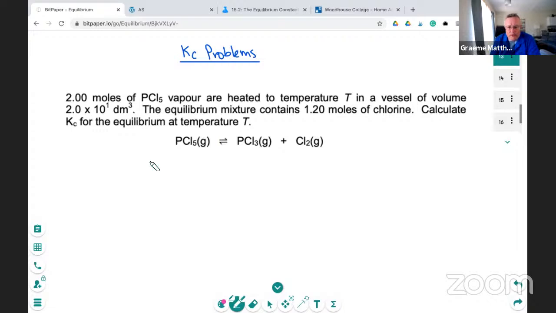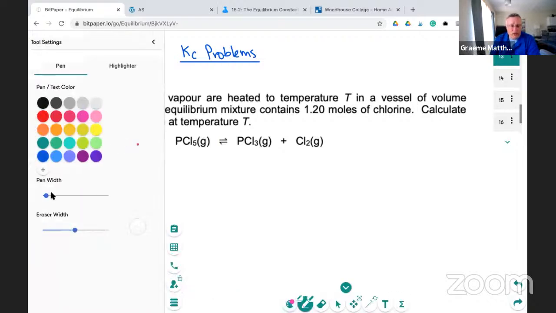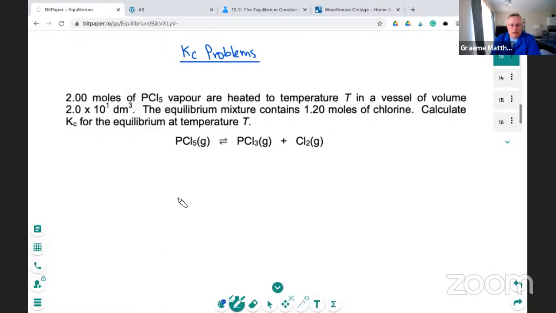Okay, so first thing I'm going to do then, chemists, is change out of neon pink. Let's get back into blue, and we're going to do an ICE table here: initial, change, equilibrium. So you get working out points.